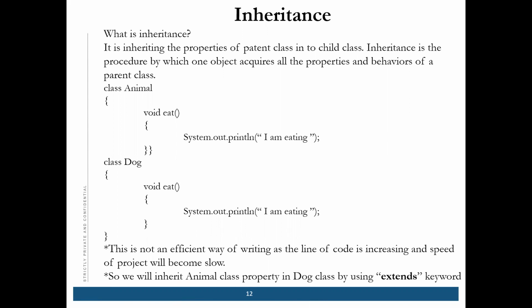It's when the child inherits the properties of a parent. For example, a child inherits his dad's family name. Correct. So this is inheritance. You are taking some properties or important features from your parent, and that is called inheritance.